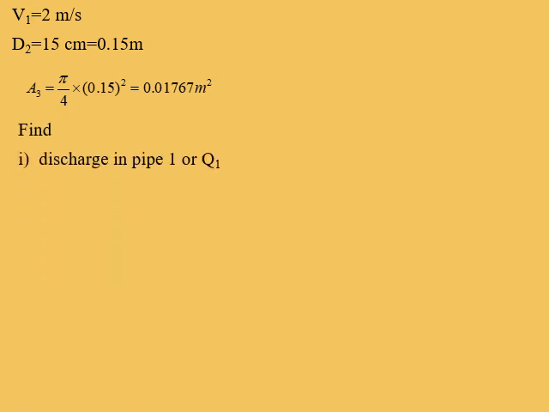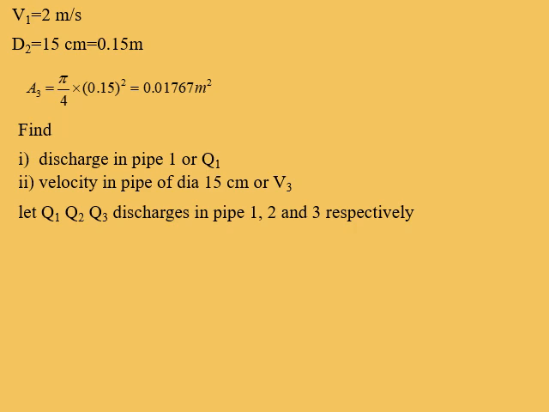So now find the discharge in pipe 1, or Q1. Then find the velocity in the pipe of diameter 15 centimeter, or V3. So these two things I want to calculate from this numerical. Let Q1, Q2, Q3 be the discharges in pipe 1, 2 and 3 respectively.